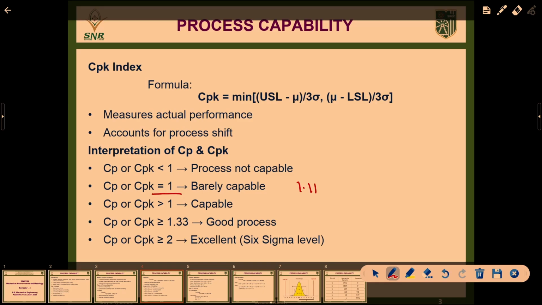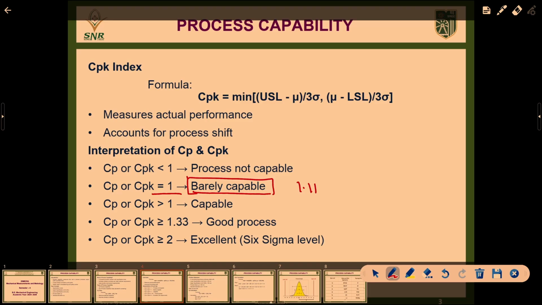It is very close to the CP or CPK value of 1. So the process is just barely capable. At any point of time there is a possibility that there will be deviation from the central position and the parts produced may go beyond the control limits.